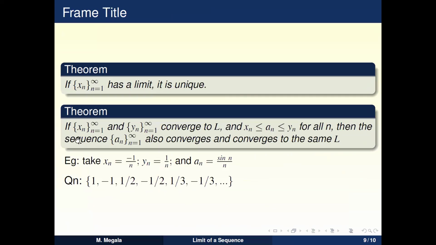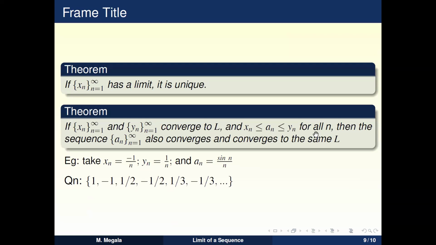Okay. Now, we call this the sandwich theorem for sequences, or squeeze theorem. If xn and yn converge to the same L, and an lies between xn and yn for all n, or for all n after a certain finite stage, because for convergence what matters is only what happens after some finite stage.